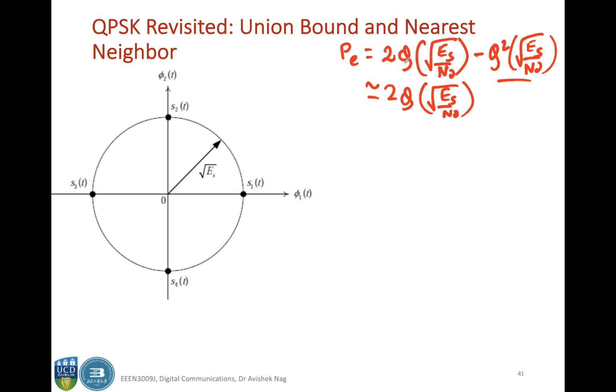So mind you, what we calculate using union bound and nearest neighbor is always the symbol error probability, not the bit error probability.